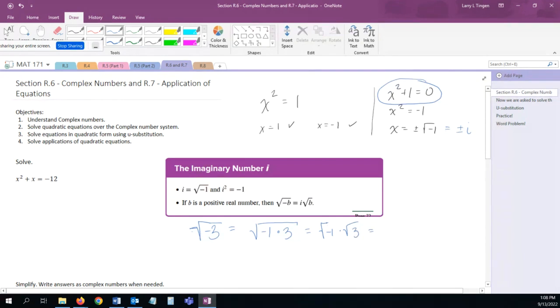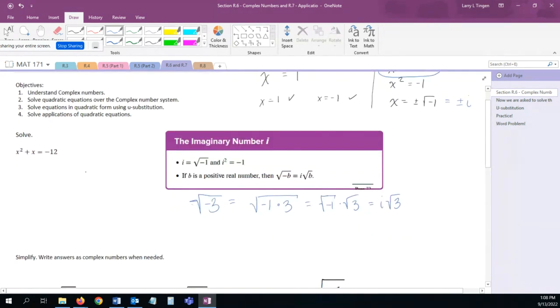I know that the square root of -1 is i, and the square root of 3 is the square root of 3. Can't do anything else with that. Whenever you see the negative pop out and become i, it's because technically we're factoring out a -1 and then saying the square root of -1 is i.